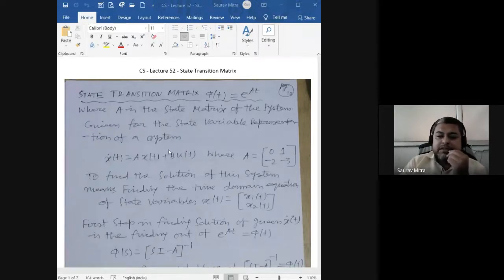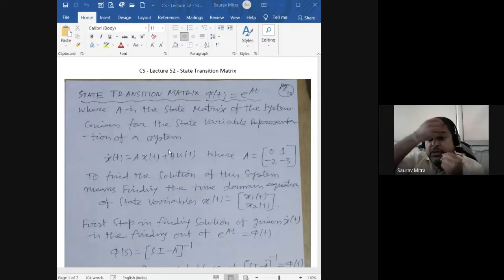You have done homogeneous and non-homogeneous differential equation solutions in your first and second year in ordinary differential equations, but you did not know exactly what it meant. In the homogeneous case, the B u part will not be there, and x dot t will be A into x t. So what is this u t? u t is called a forcing function.